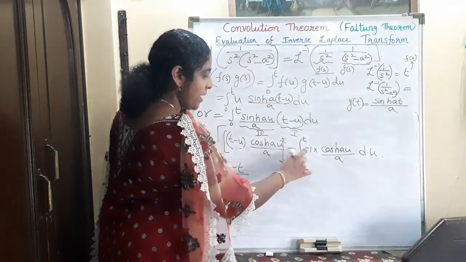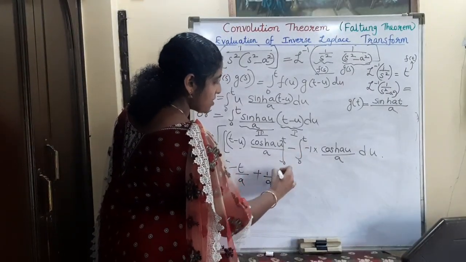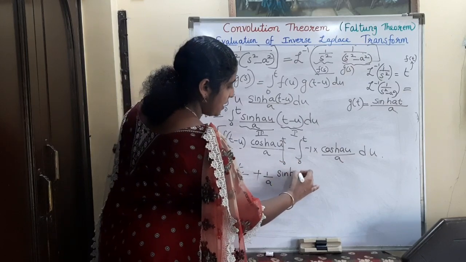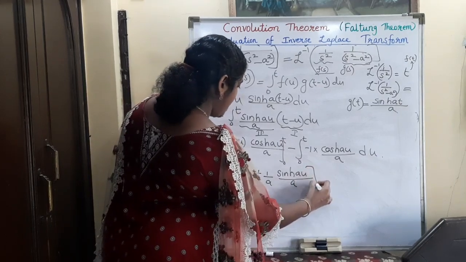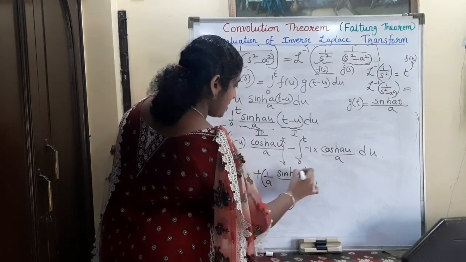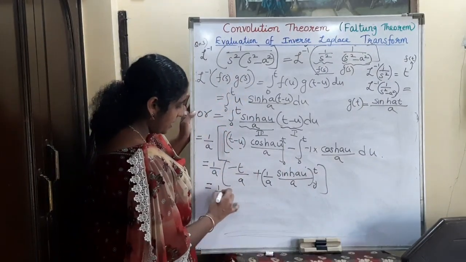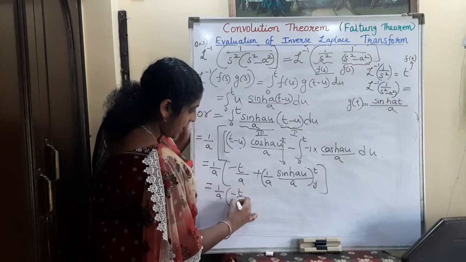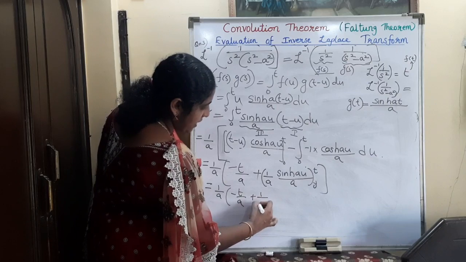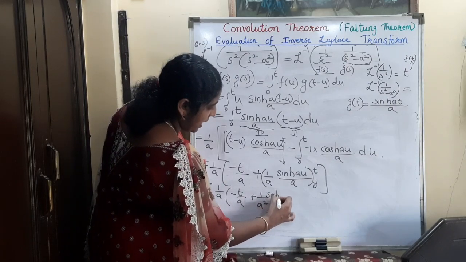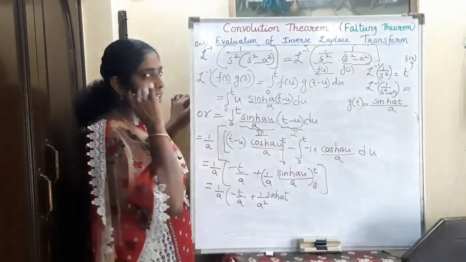So here minus into minus is plus. On integrating this term, 1 by a is here, and the integral of cos(au) is sin(au) divided by a. Apply the limit here, integral 0 to t. So that is 1 by a, minus t by a, plus 1 by a square sin(at) minus, on applying the lower limit, sin 0, which is 0.